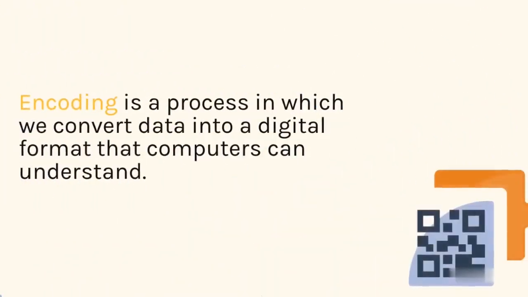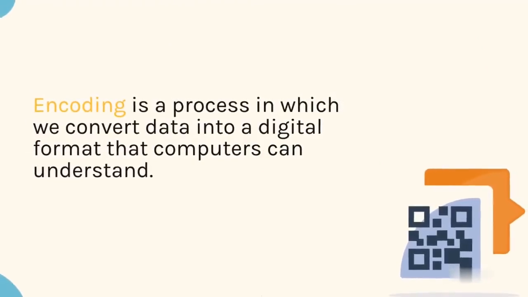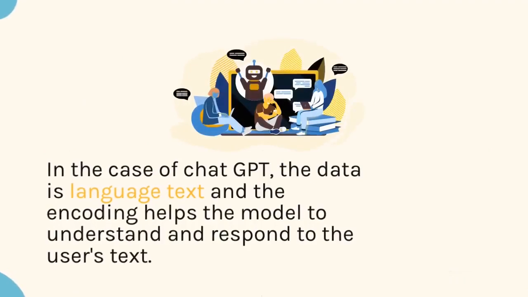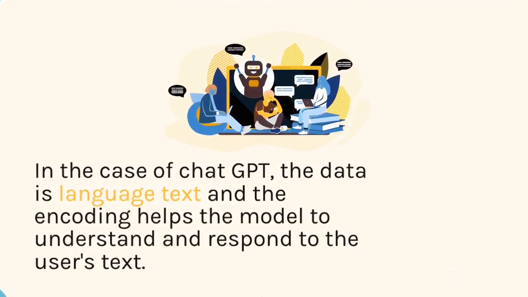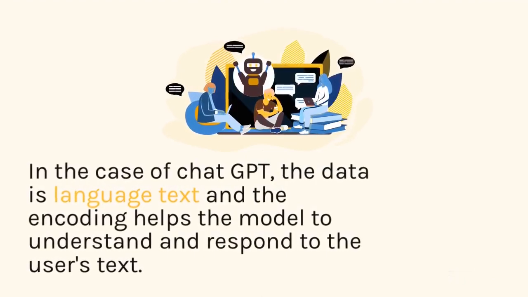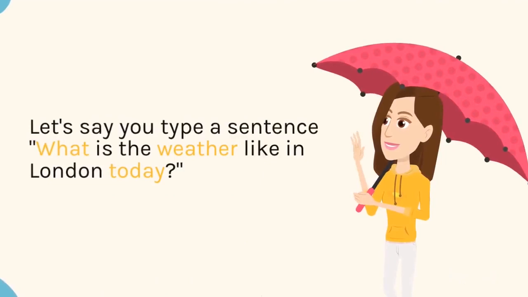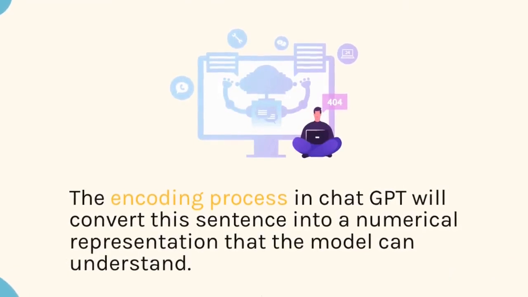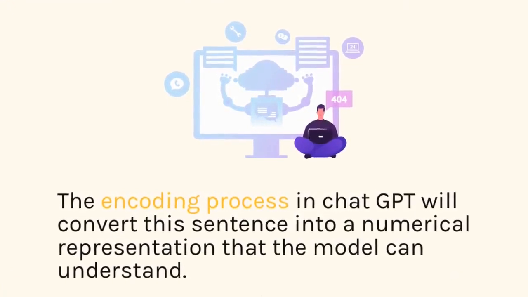Encoding is a process in which we convert data into a digital format that computers can understand. In the case of ChatGPT, the data is language text, and the encoding helps the model to understand and respond to the user's text. Let's say you type a sentence, "What is the weather like in London today?" The encoding process in ChatGPT will convert this sentence into a numerical representation that the model can understand.